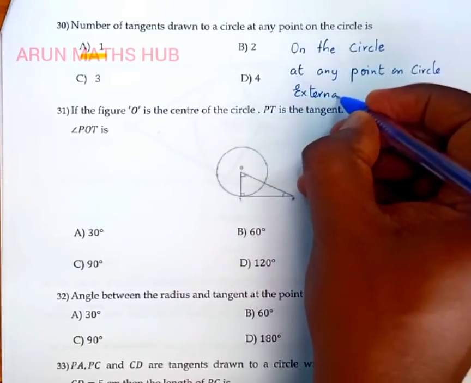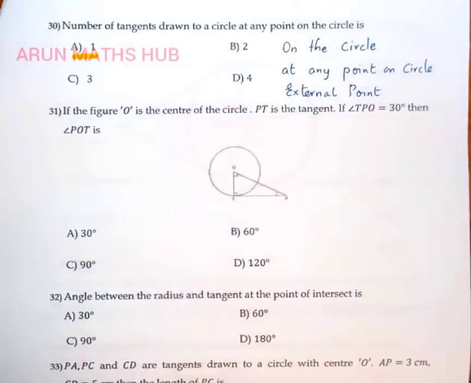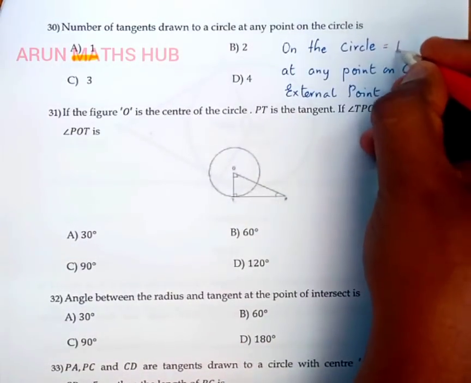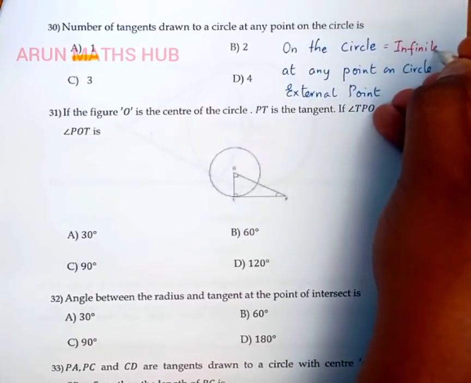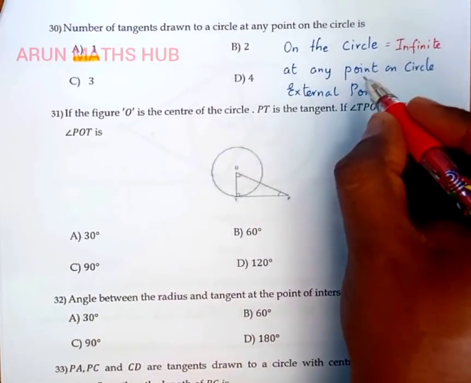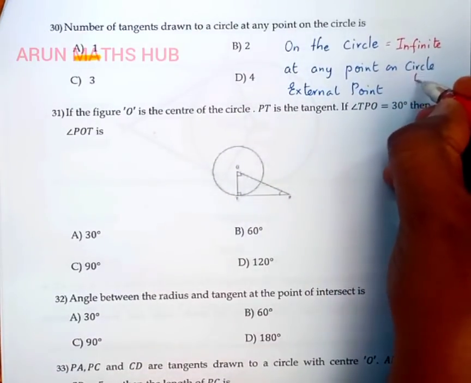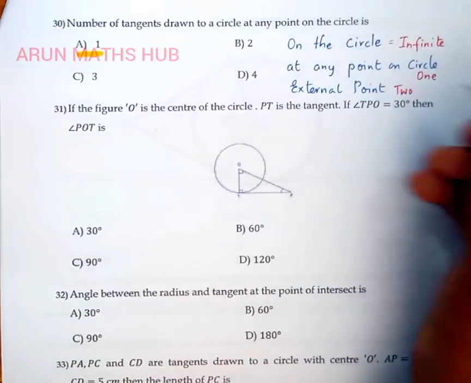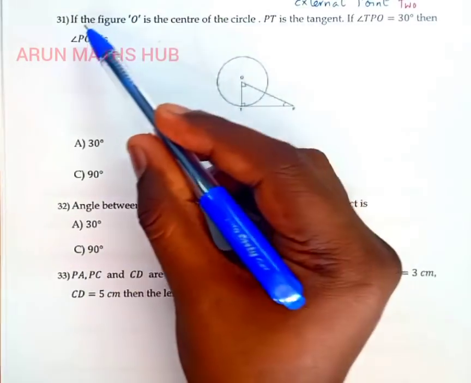Understand all these cases. From the circle, infinite tangents can be drawn. At any point on the circle, 1 tangent can be drawn. From the external point, 2 tangents can be drawn.